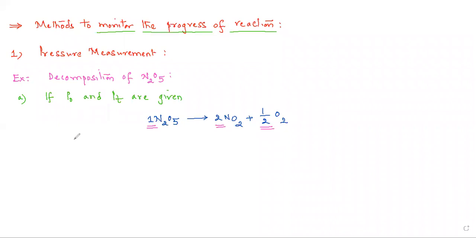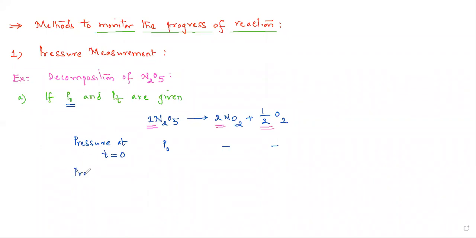See, for this reaction, the pressure at time t is equal to 0. This is what I call P naught, or you can say P0. Initially, we will not be having any of these products.